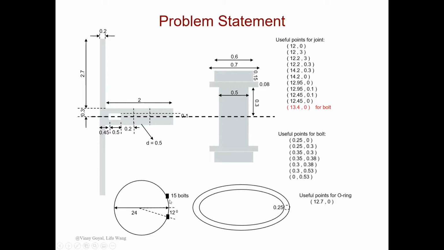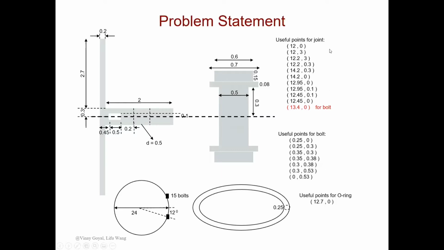Since the geometry is cyclic symmetric, we will only simulate half of the bolt. So with 15 bolts, each of them takes 360 over 15 degrees, which is 24 degrees. And we only simulate half of that, so our simulation angle is 12 degrees.